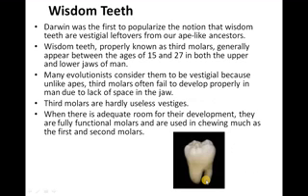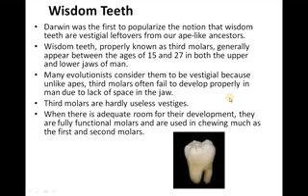Wisdom teeth, otherwise known as the third molars, develop between the ages of 15 and 27. Darwin was the first to popularize the notion that wisdom teeth are vestigial leftovers from an ape-like ancestor.